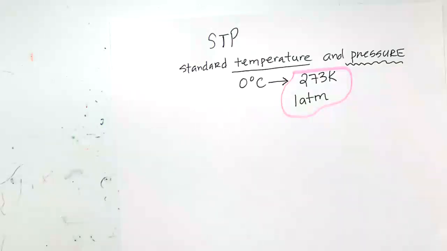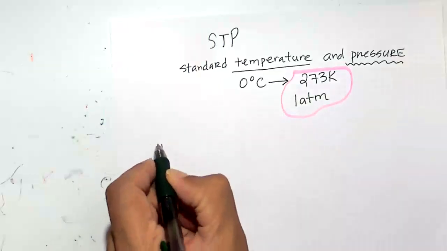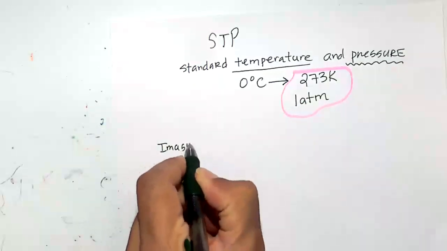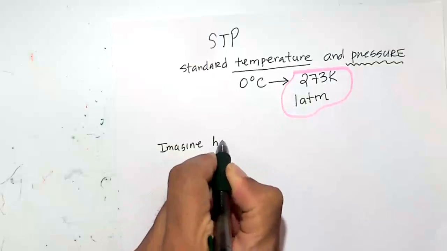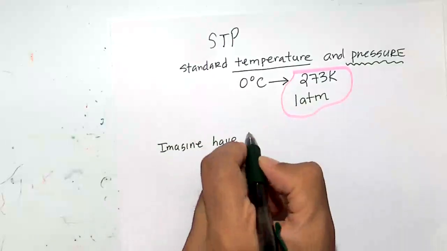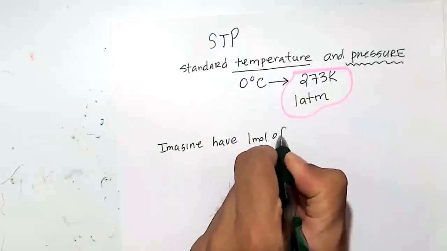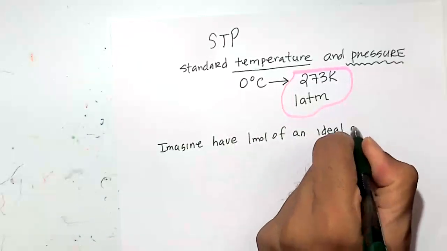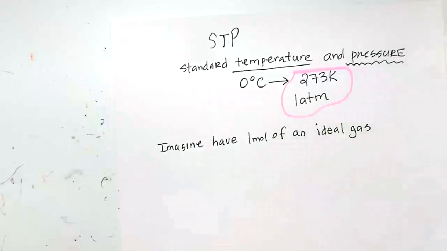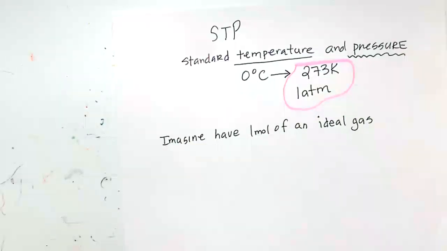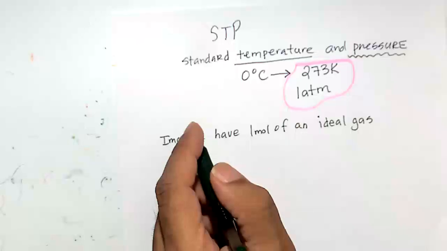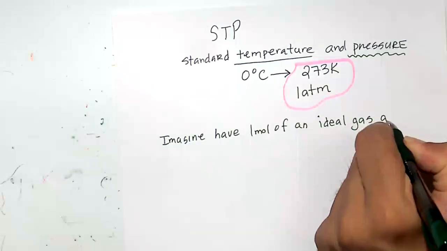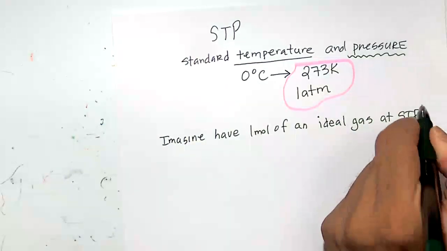I want you to imagine you have 1 mole of an ideal gas. How much volume does 1 mole of an ideal gas occupy at STP?